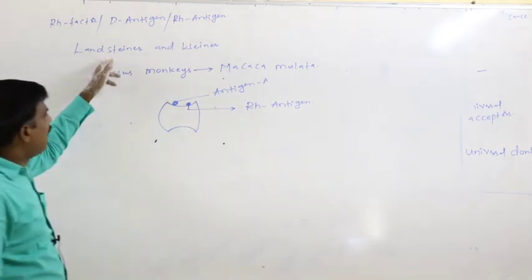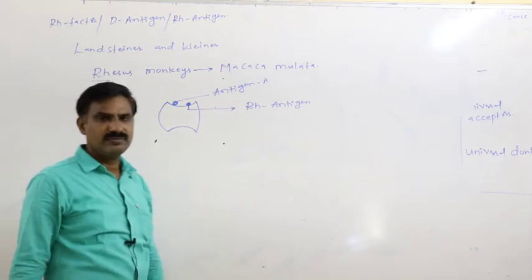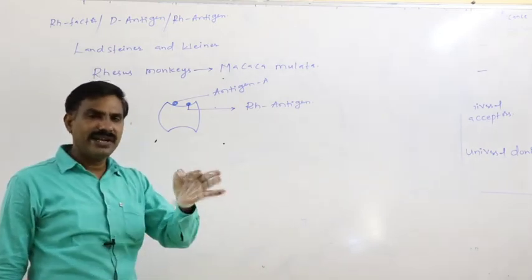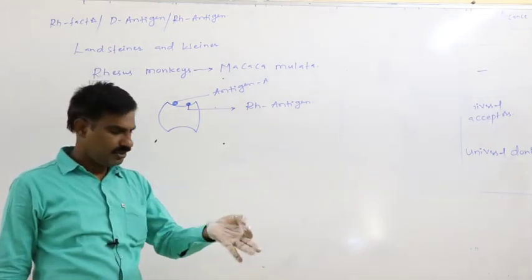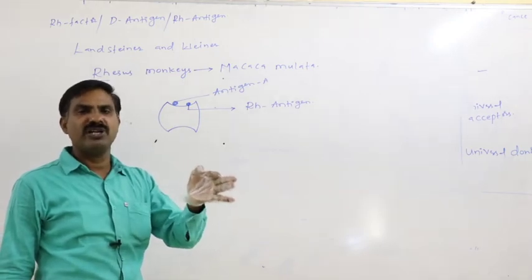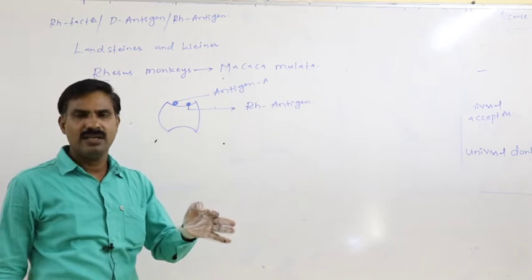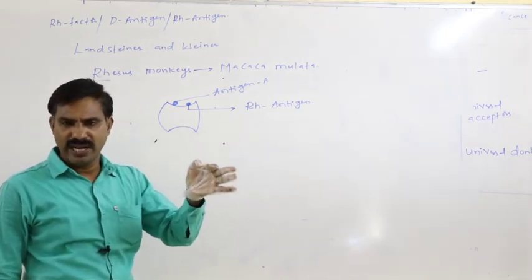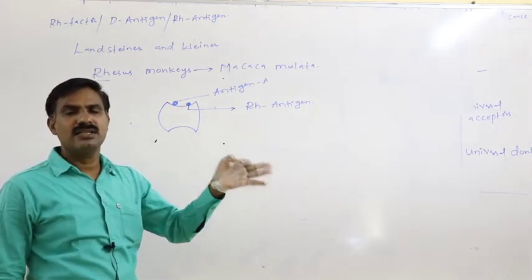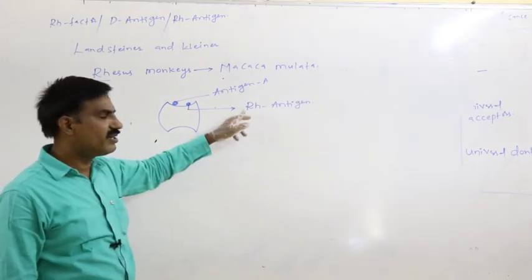So definitely Landsteiner and Wiener discovered an additional antigen on the surface membrane of the RBC of rhesus monkey in addition to the normal antigen. Later that was designated as the RH antigen.